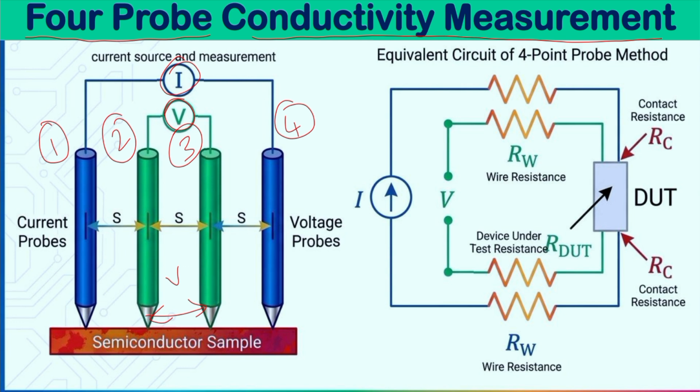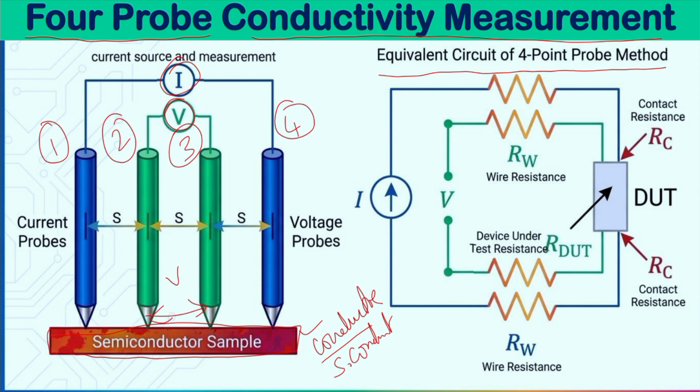Now we will discuss the equivalent circuit diagram of the four probe conductivity measurement setup. Before going to that, we will also see the sample in this setup. This sample can be a conductor or a semiconductor.